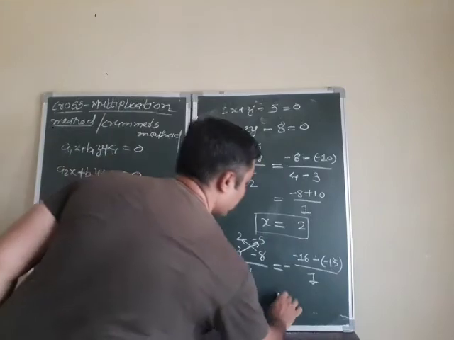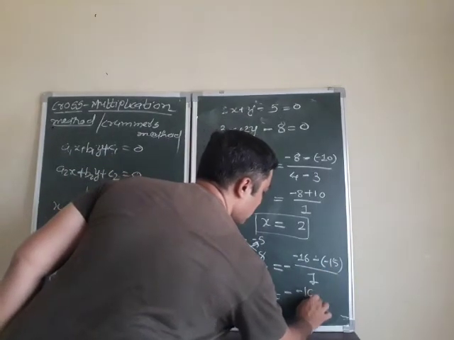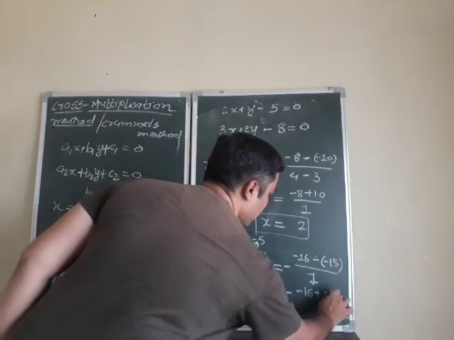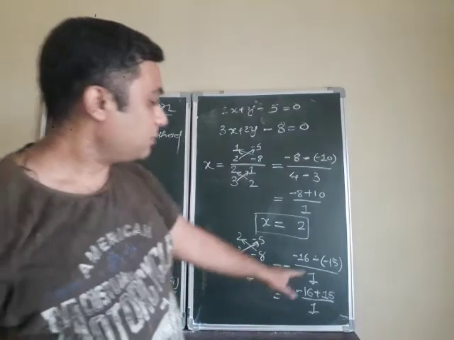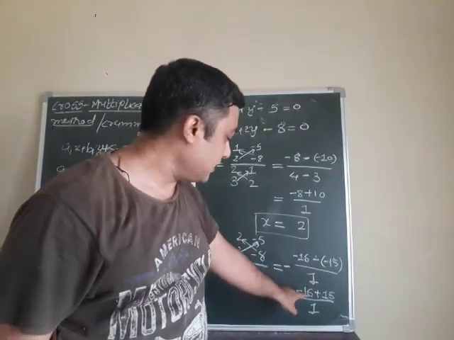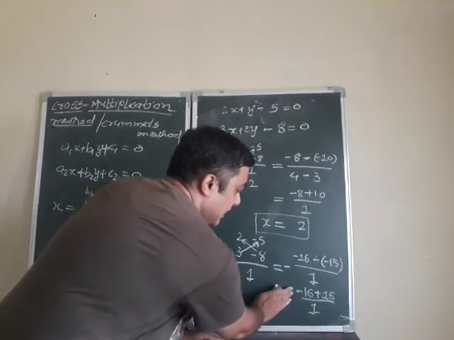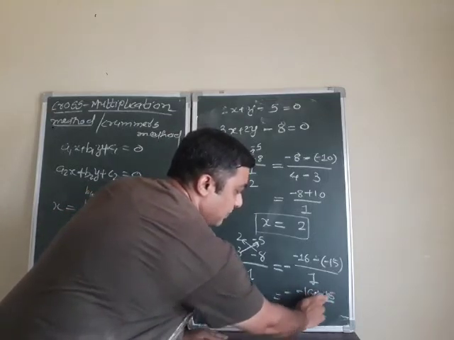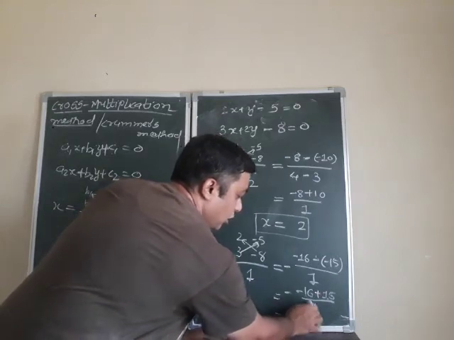Now see one more step. It is equal to minus plus: minus 16 plus 15 upon 1. This minus plus, and this is minus 16. So minus 16 plus 15 is minus 1, and minus plus 1, and 1 upon 1 is 1.